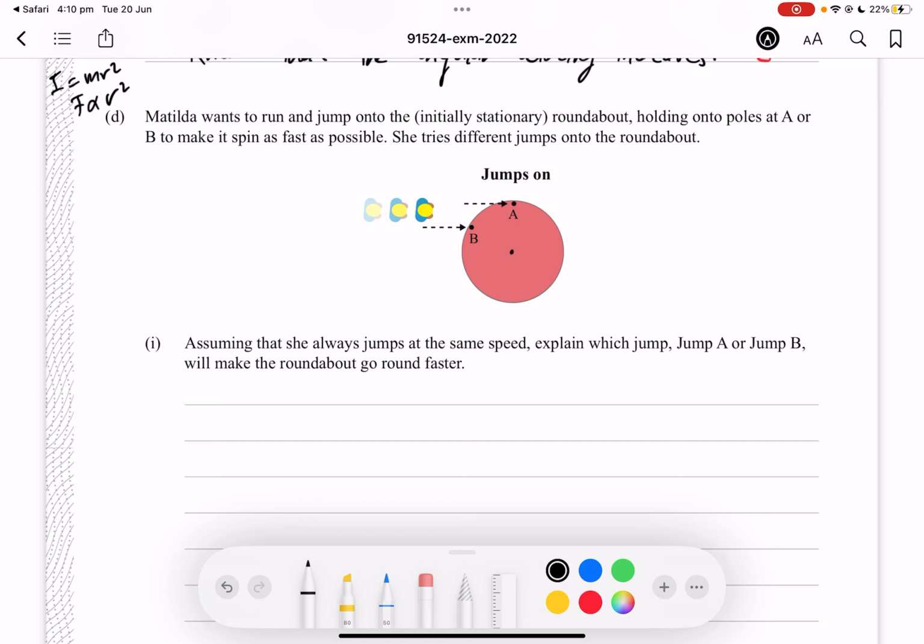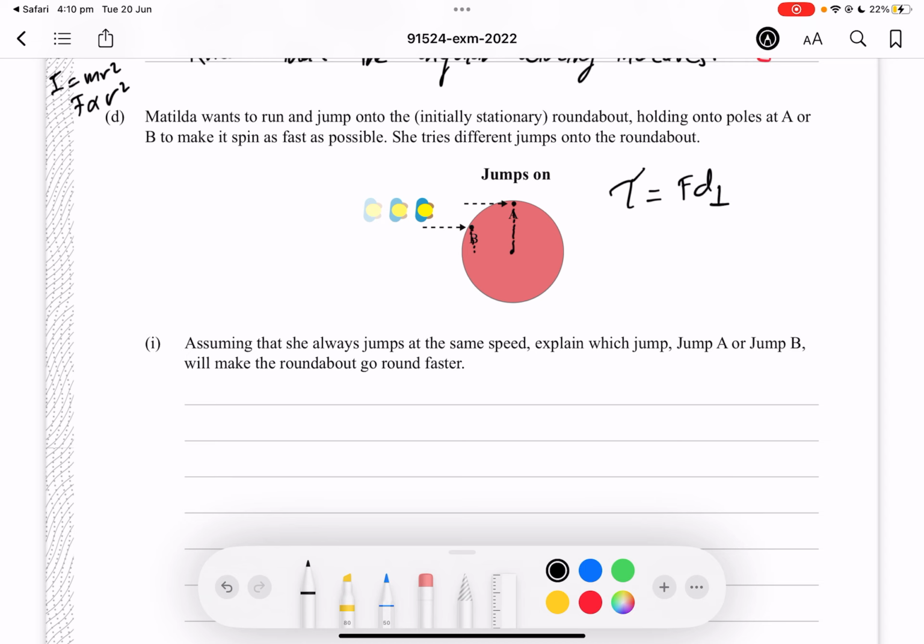And looking at the perpendicular distance from A and the perpendicular distance from B, we see that the perpendicular distance from point A is actually bigger than the perpendicular distance from point B. Since there's a higher perpendicular distance, there will be a larger torque exerted on the roundabout, since torque equals the force times the perpendicular distance.